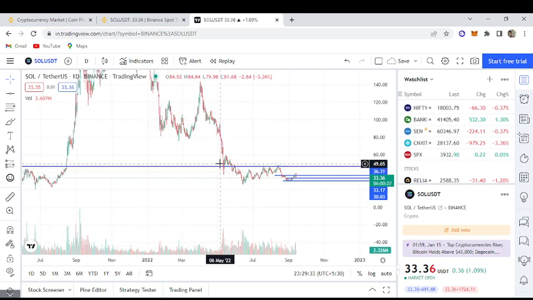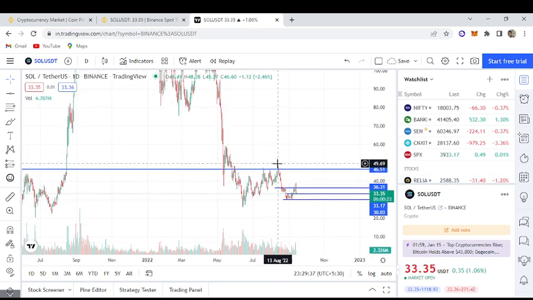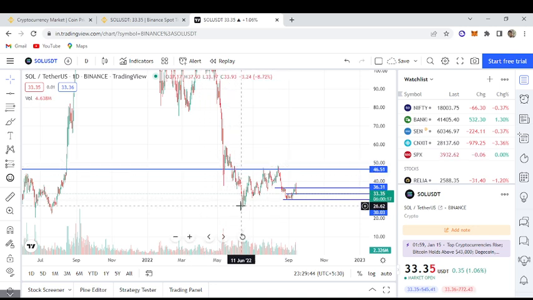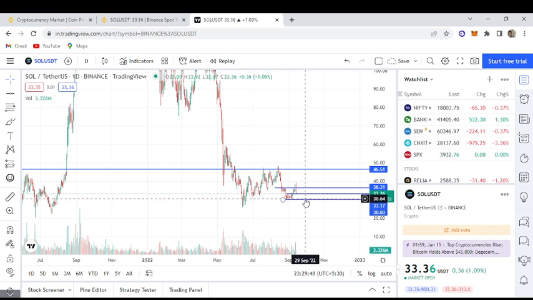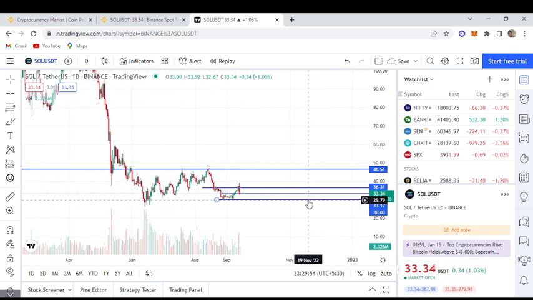Nobody thought that it would go below 45. Everybody thought this would be a great support level, but after testing one time it just fell down, and currently it is at the $33, $32 support level, and then there is $30.